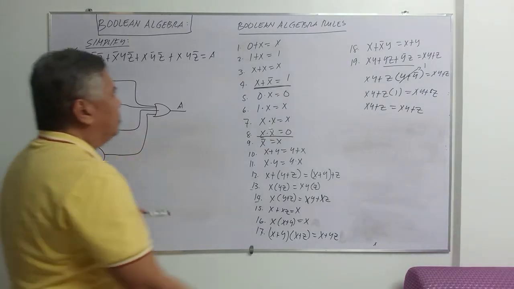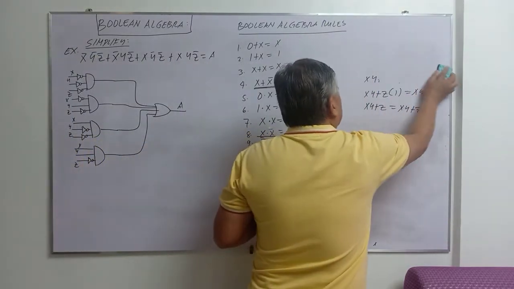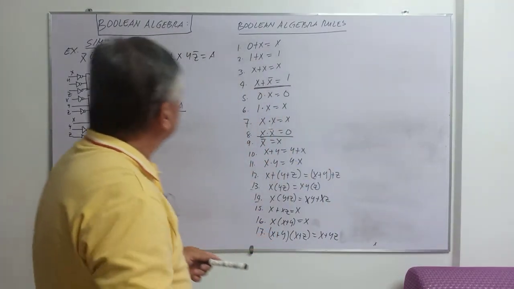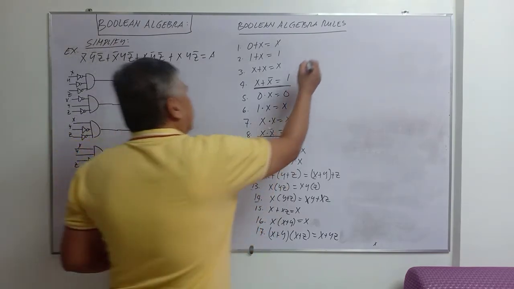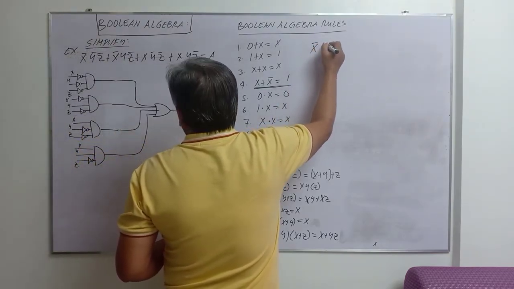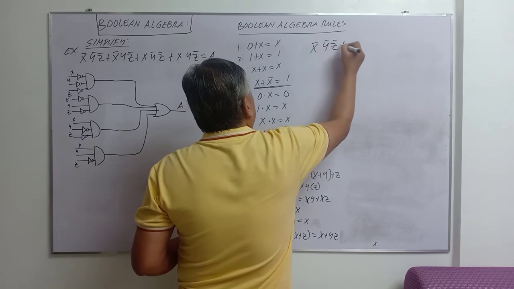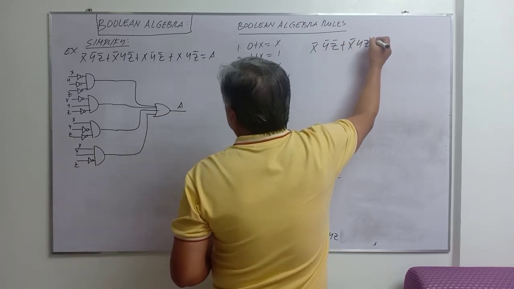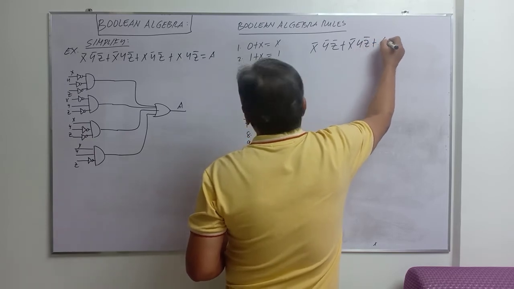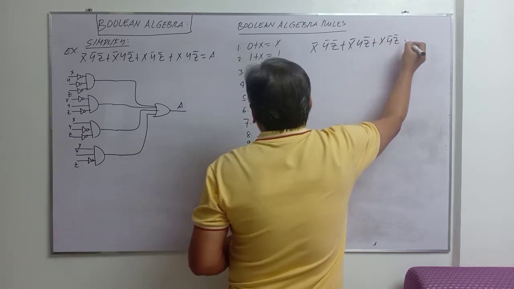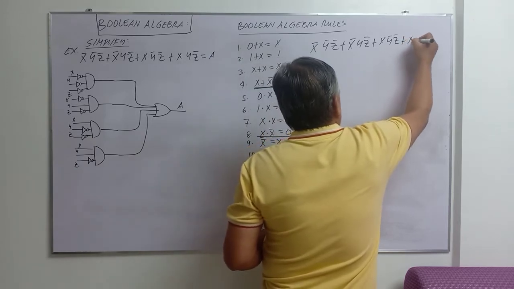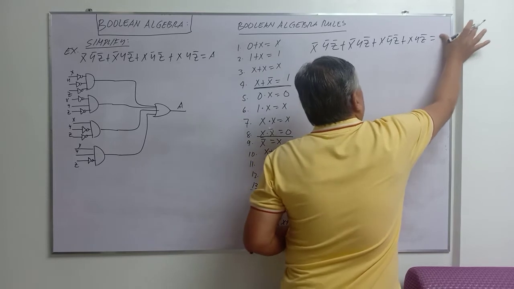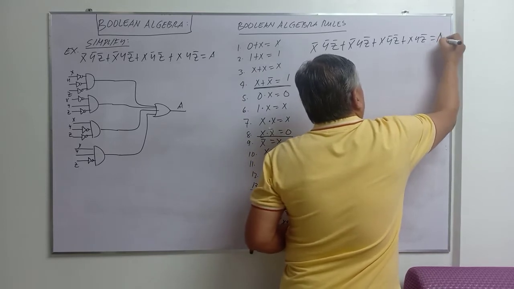Okay, so let me use the other side of the board so that we can compare later. So you have X bar, Y bar, Z bar plus X bar, Y, Z bar plus X, Y bar, Z bar plus X, Y, Z bar is equal to A. Okay?